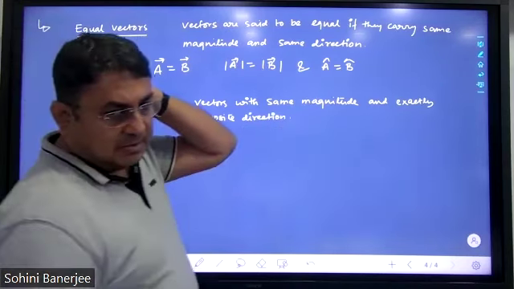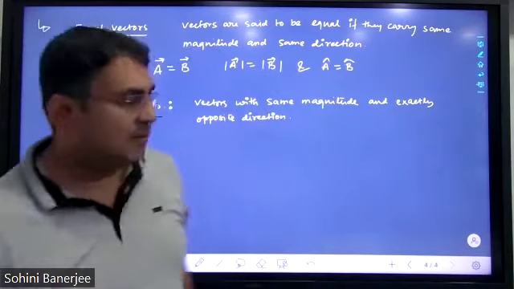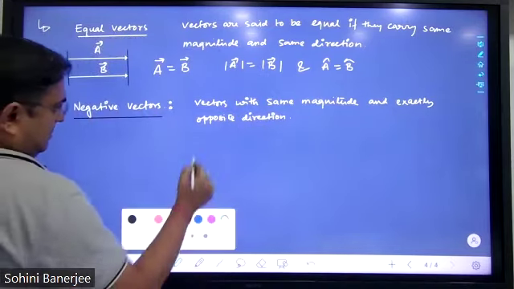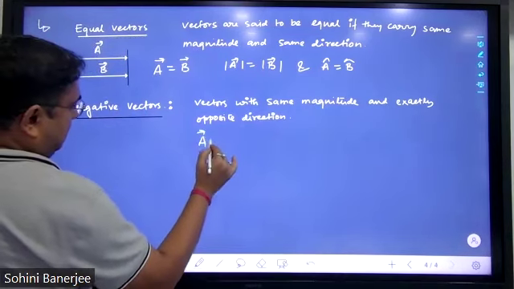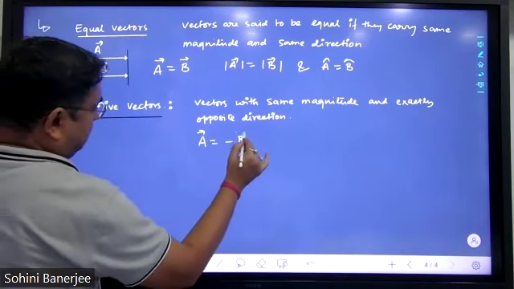Vectors with same magnitude and exactly opposite direction, they are negative vectors. A vector is equal to minus B vector.